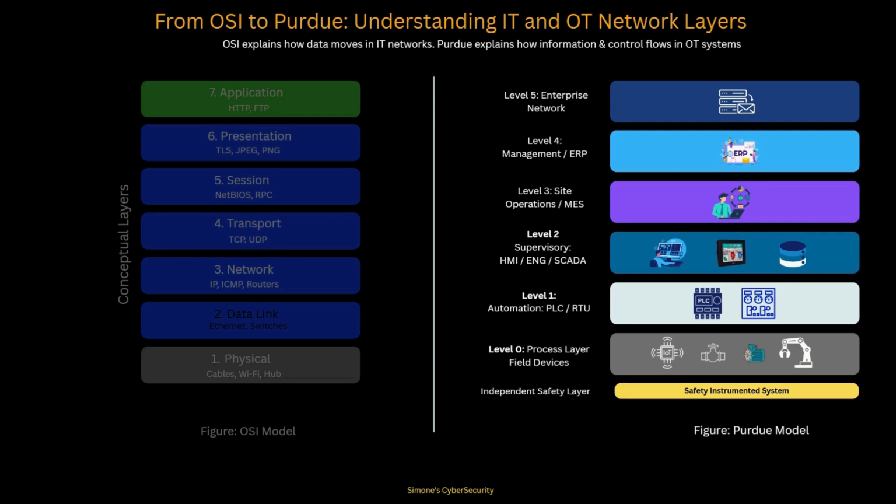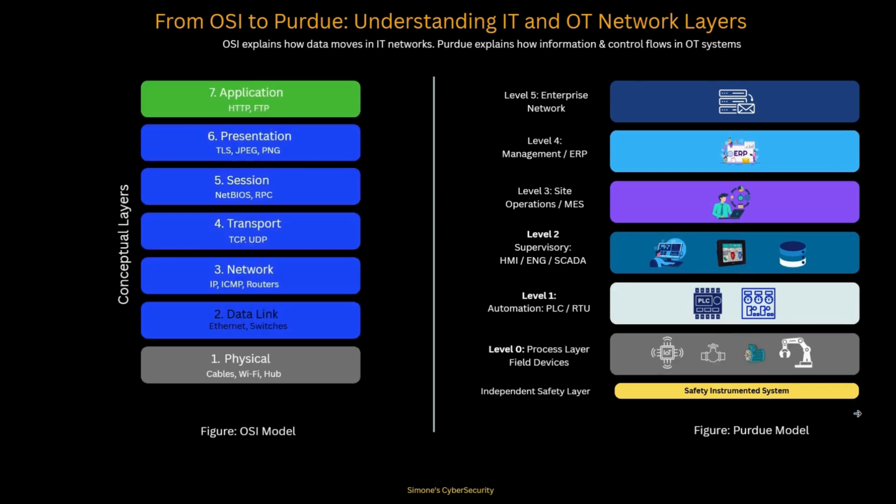So the key difference between the two models that we saw, that is the OSI model and the Purdue model: the OSI model focuses on how data moves horizontally between peers in IT networks, whereas the Purdue model shows how control commands and process information flow vertically through an industrial system.